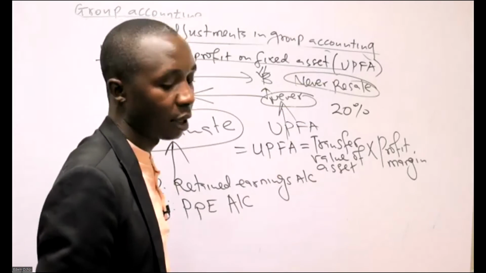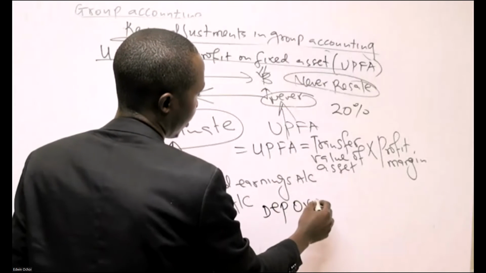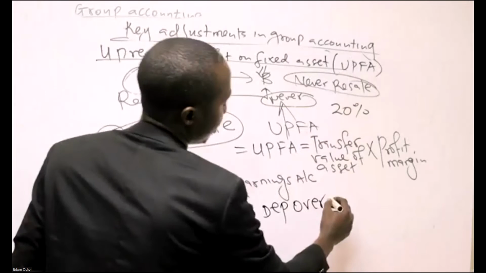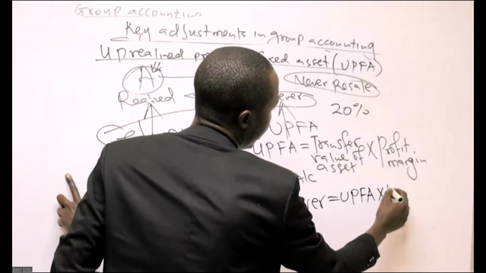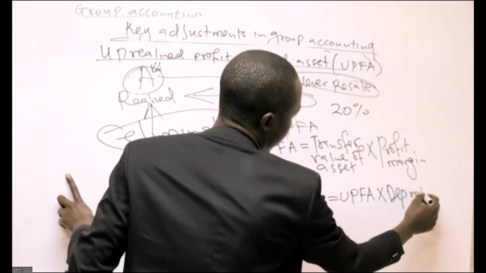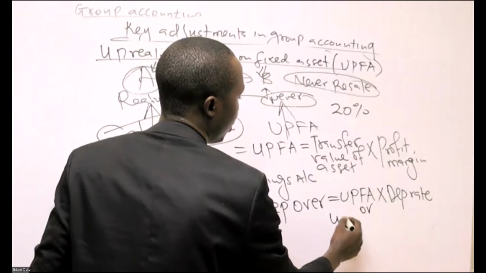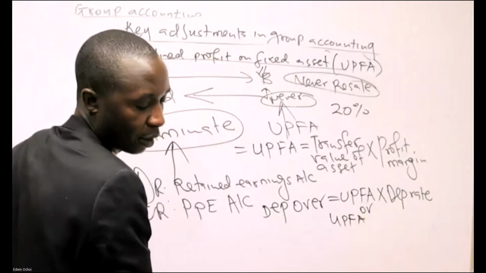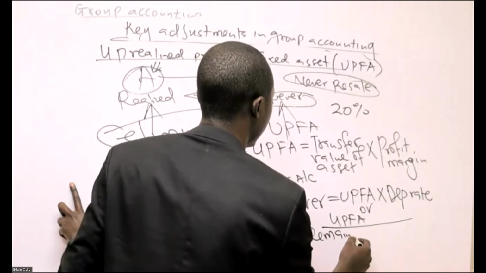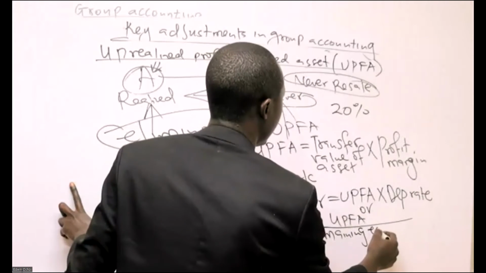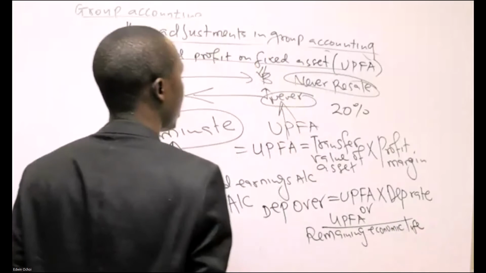So we have to determine that depreciation overcharge. How do you determine depreciation overcharge? You take your UPFA and multiply by the depreciation rate, or you take your UPFA and divide by the remaining economic life, the useful life in years.